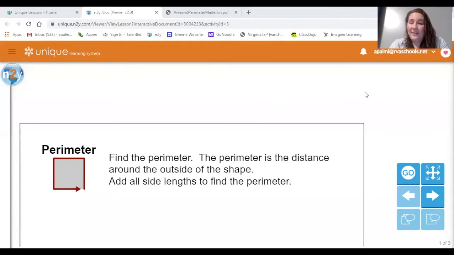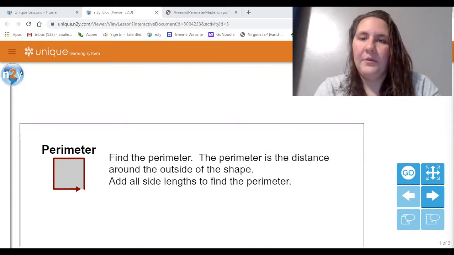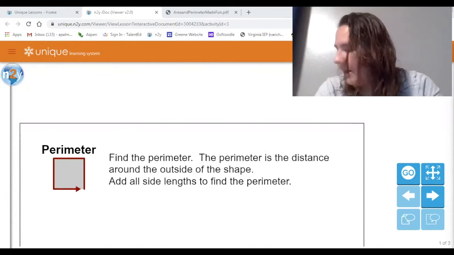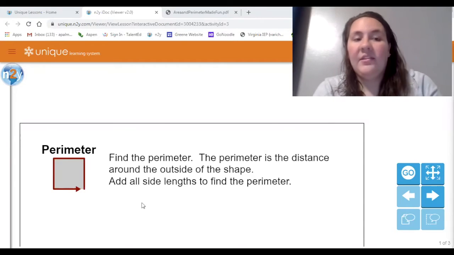We're going to review our anchor chart from the Unique program and talk about an example problem, and then we will go into the worksheet and work some out together, okay? So today we are talking about perimeter and area. Perimeter is the outside.